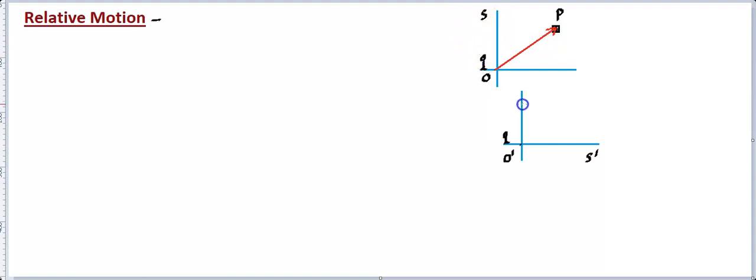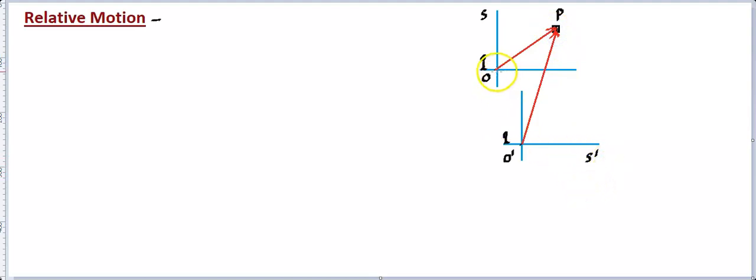Let's say we talk about the motion of this particle with respect to the O dash frame. In this O dash frame, we need to join this as a vector, which will behave like a position vector for the observer in the frame of reference S prime.